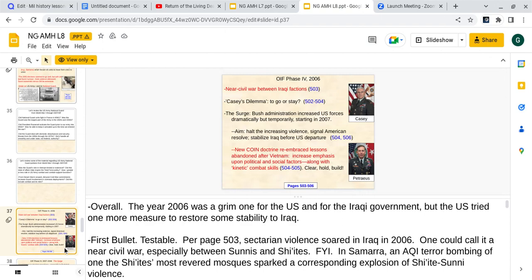We have new counterinsurgency doctrine that re-embraced lessons abandoned after Vietnam. We have an increased emphasis on political and social factors along with kinetic combat skills. So what's important to know here is that while we have the need to emphasize kinetic combat skills, basically combat that's mobile, moving around, using counterinsurgency to fight guerrilla warfare type tactics, we also have to be mindful of political and social factors.